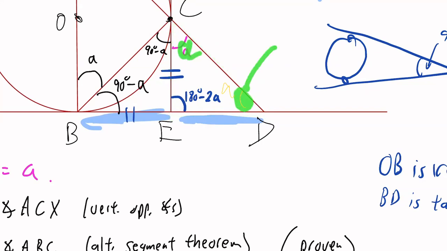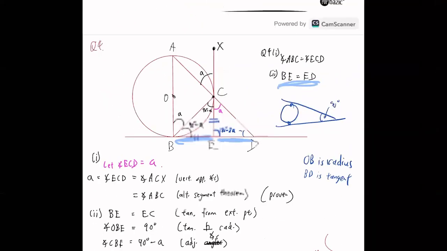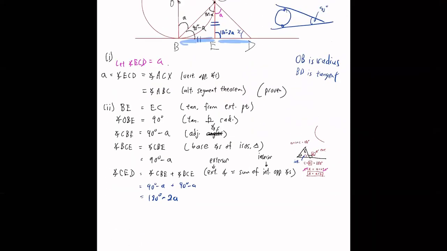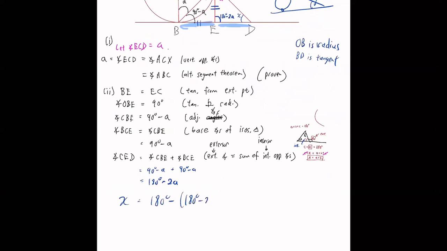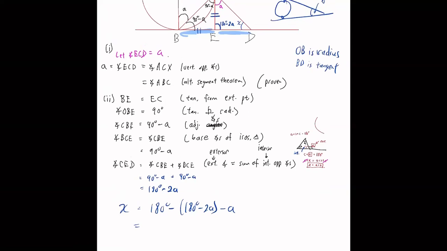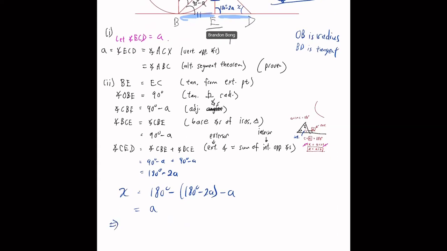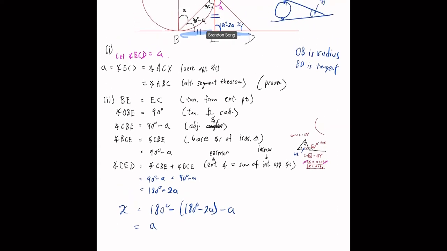After you calculate this last angle, let's just call this X, I guess, just for convenience. That's CDE. So X equals what? A. Exactly, correct. And then as a result, you have shown that the two base angles are the same. Therefore, triangle CED is isosceles. Okay, let me just write it down first properly.